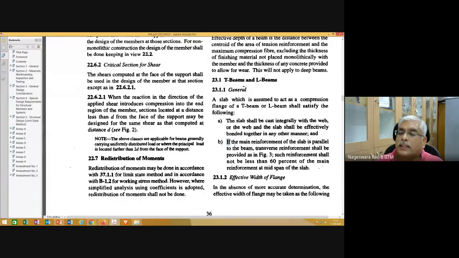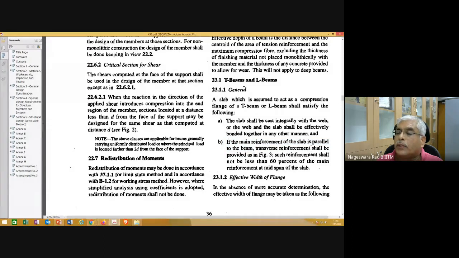Another point is the main reinforcement of the slab is parallel to the beam. What this main reinforcement in the slab is, you will understand better when we go to slabs, but at this stage you can just take a note of it.